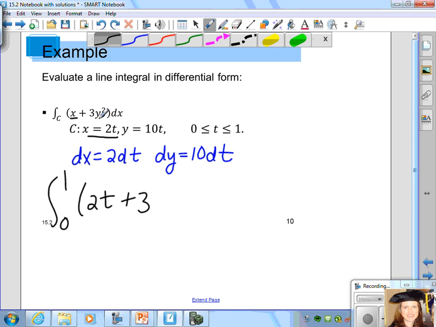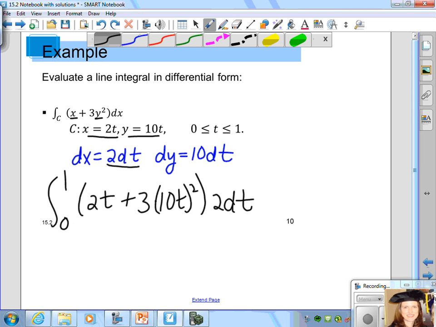You're going to replace the y with what y equals on the path, so that's going to be 10t, that quantity squared, times your differential x, which we calculated to be 2 dt. So now we have a single definite integral in the single variable t. It can be simplified, and you can evaluate the definite integral to find the solution.